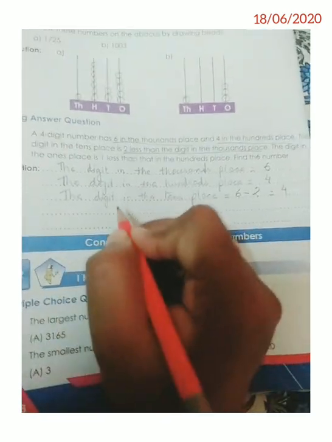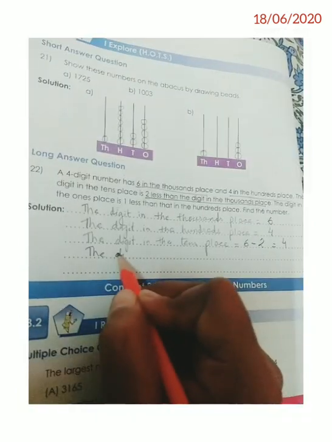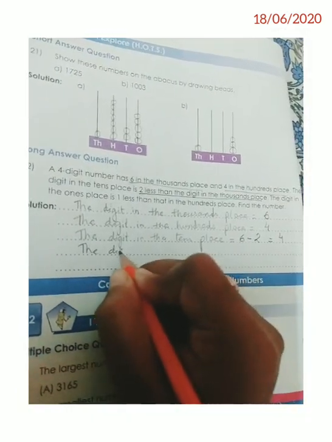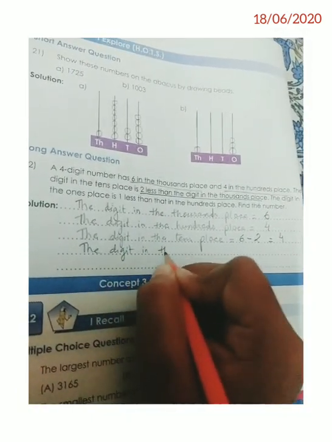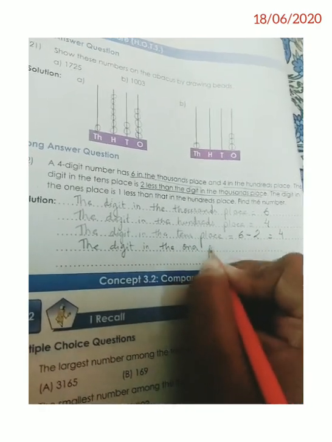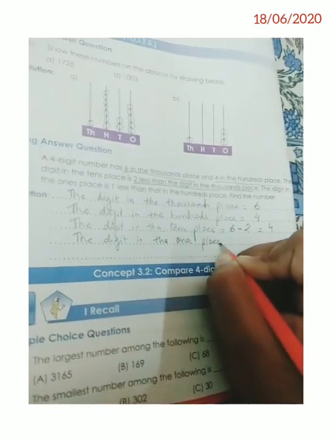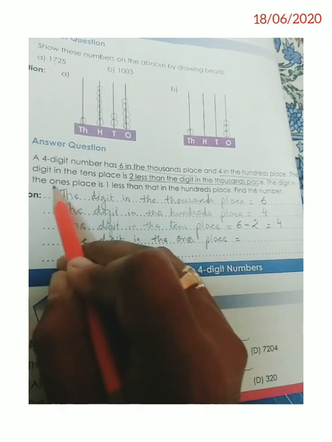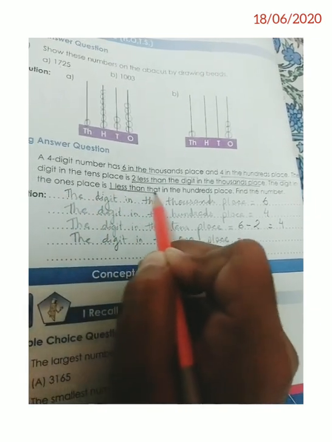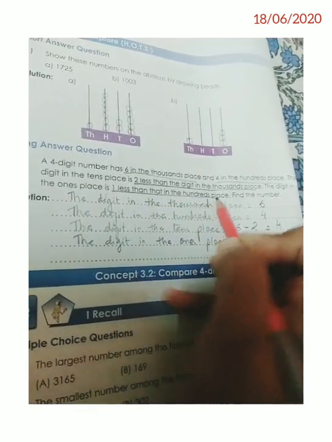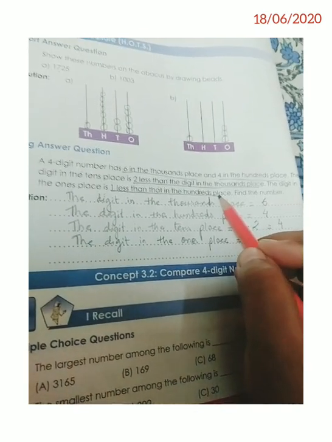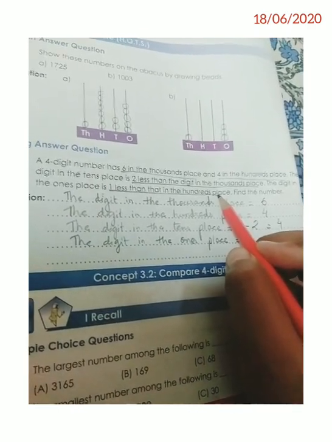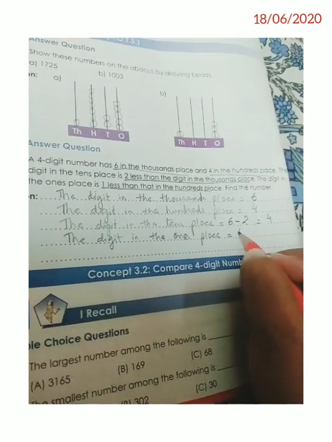Alright. Now let us move on to the digit in the ones place. The digit in the ones place is equal to, look here, the digit in the ones place is 1 less than that in the hundreds place. So you have to subtract 1 from the digit in the hundreds place. So in the hundreds place there is a 4, isn't it?